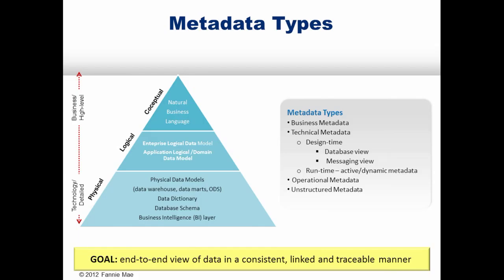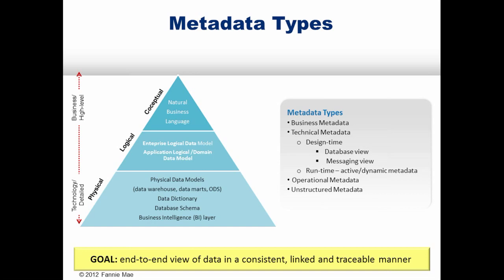Okay. So on that first slide, what we found is we had different audiences, and it was useful to group the types of metadata that we had into those categories. You're looking at this pyramid where, at the conceptual level, we've got our business language. That interfaces to our architects at a logical layer.